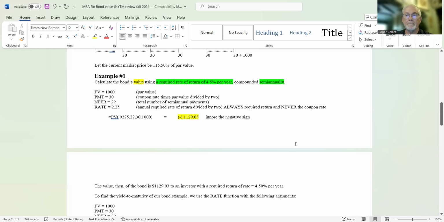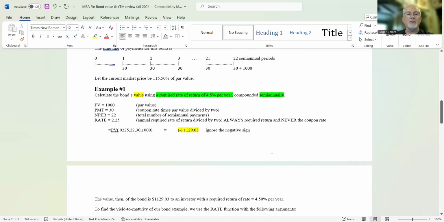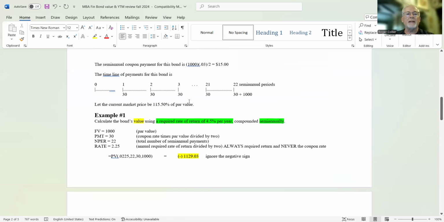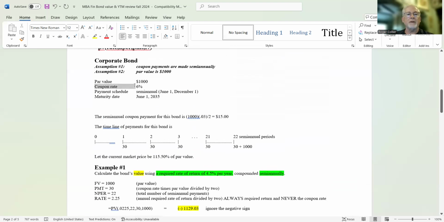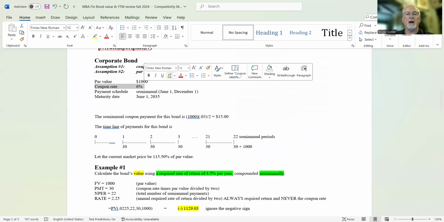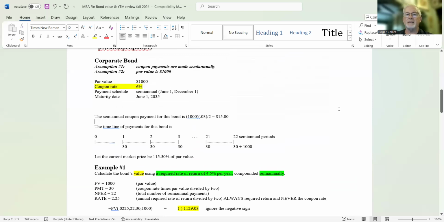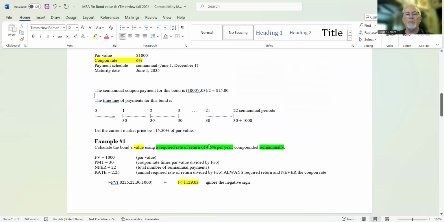Okay. All right. The other thing to notice is that our value, 1129.03, is greater than that $1,000 par value. Well, if you think about it, this bond is paying us 6%, right? There's the coupon rate, 6%. But we only require 4.5%.